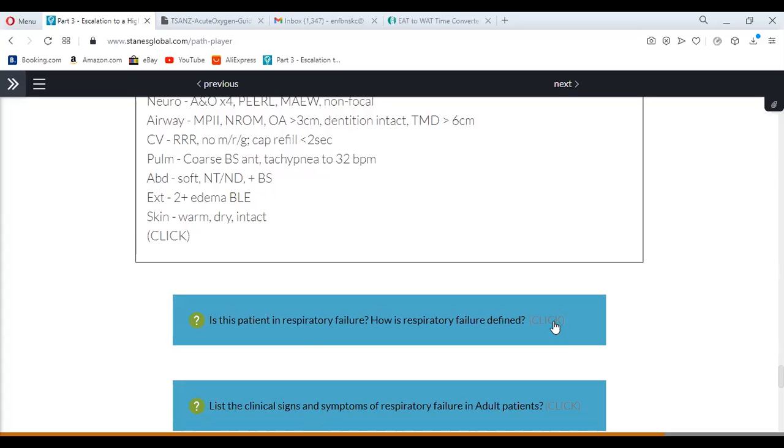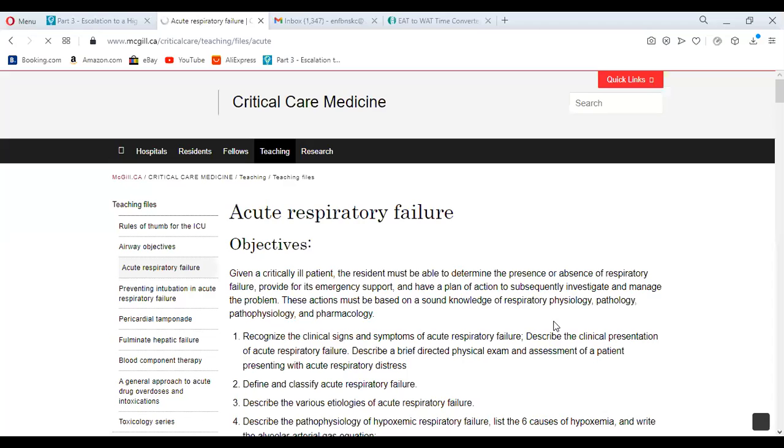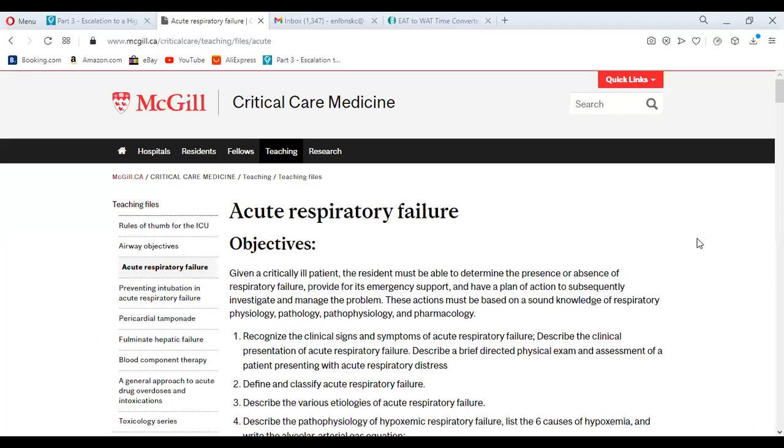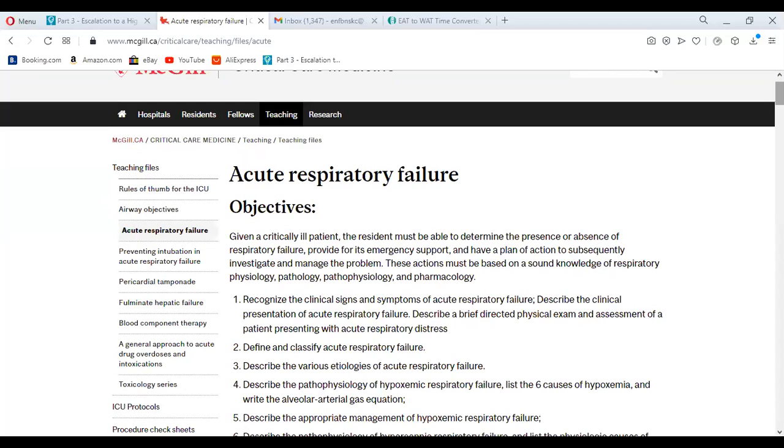So let's click and see what we have here. Okay, so in defining respiratory failure, it can be acute, and in this case it can be acute in this patient.